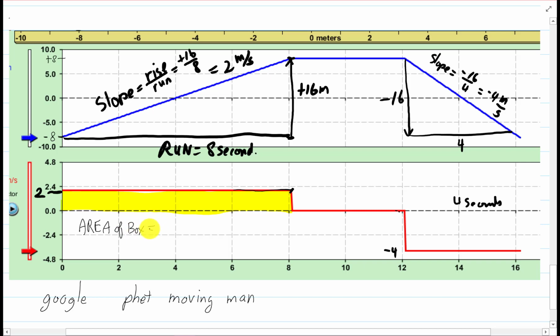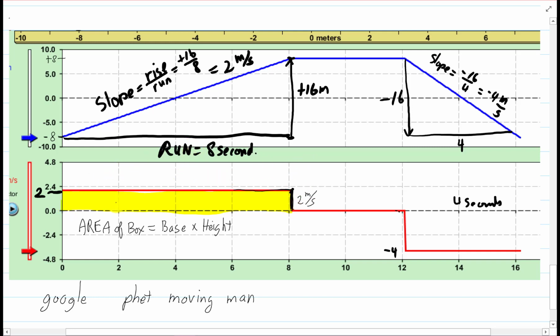I'll just say box right now, is equal to the base times the height. That's the area of a box. The height of that is 2 meters per second, because that's a velocity.